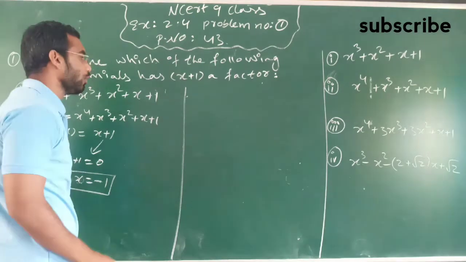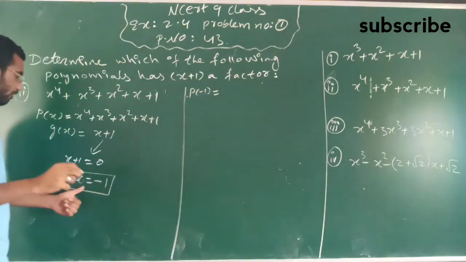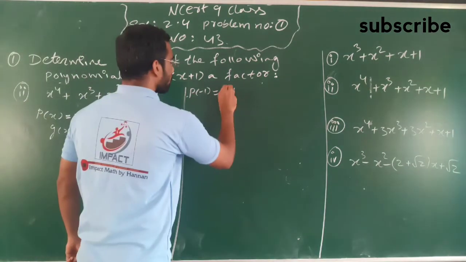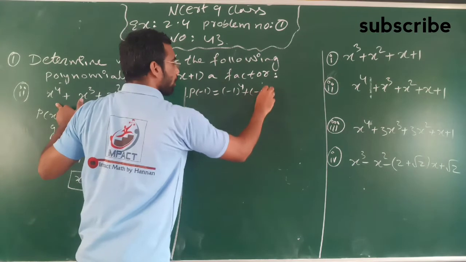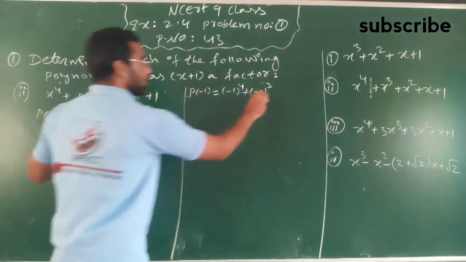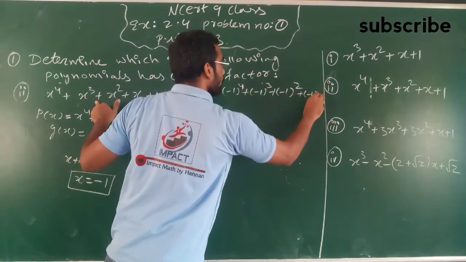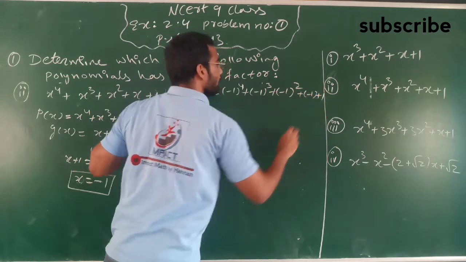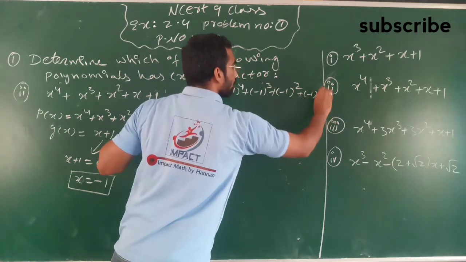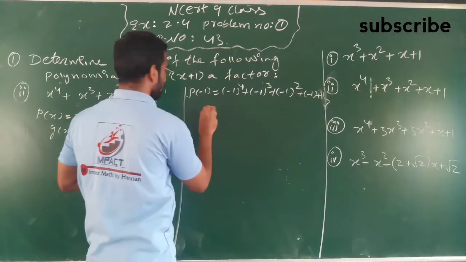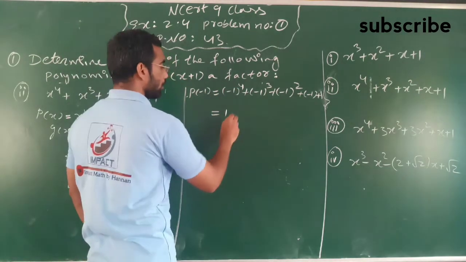P of minus 1 is equal to minus 1 to the power 4 plus minus 1 to the power 3 plus minus 1 to the power 2 plus minus 1 plus 1. Now minus 1 to the power 4 is 1.